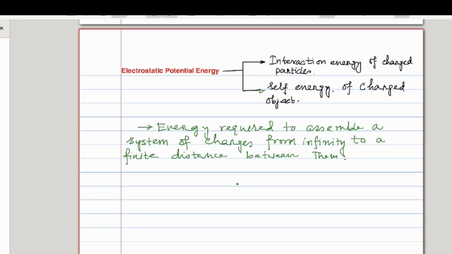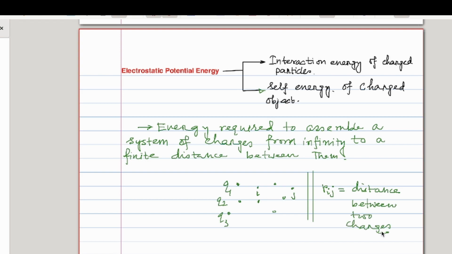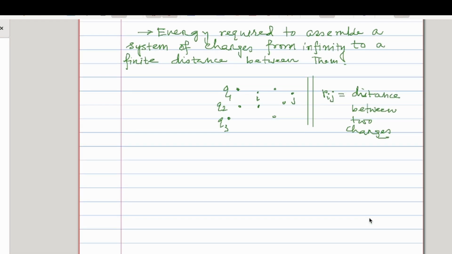So if there is a system of charges like this with n number of charges, q1, q2, q3 dot dot dot. Let's say this is the ith charge and this is the jth charge, and the distance between them rij is the distance between two charges. So interaction energy U is defined as K Q1 Q2 by r12.